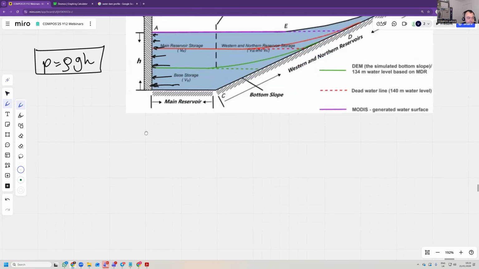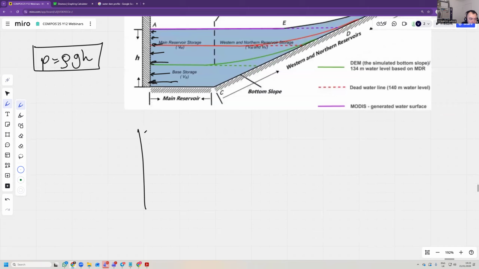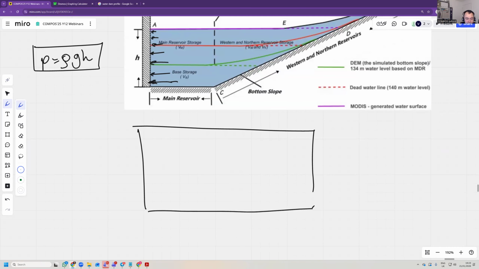We also know, so if we take the wall, if we take a small part of that wall, let's call it dx, that's the width of that. And this is from 0 to h.